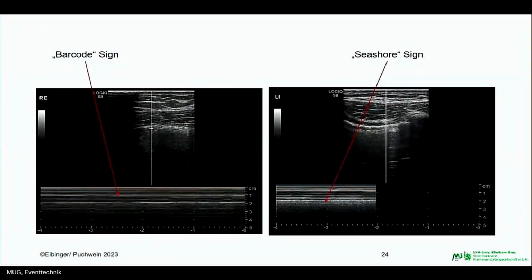It's called the so-called seashore sign. So here you have no movement because that's the chest wall. And this is the movement of the pleura when the patient breathes. So you can use the motion mode if you're unsure if you have a pneumothorax or not. Usually every ultrasound has the possibility to activate this motion mode.